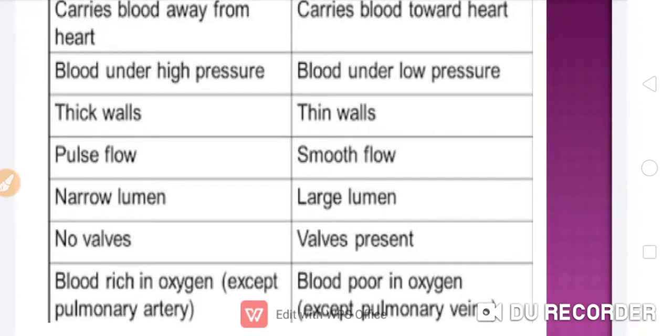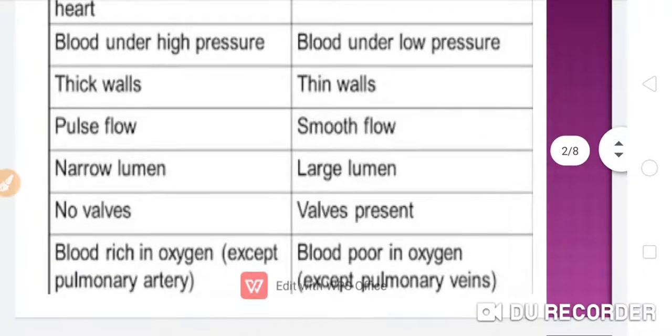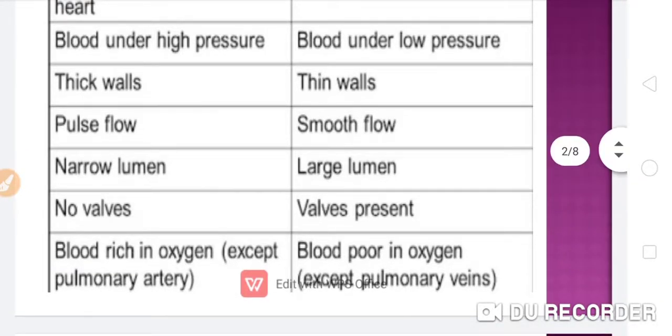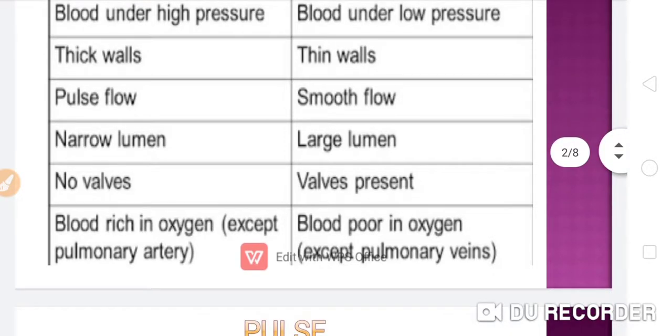And in case of the arteries there are no valves, but in case of the veins, valves are present. And the last point, blood rich in oxygen except pulmonary artery, and blood poor in oxygen except pulmonary veins. So here we have discussed the differences between the artery and the veins.